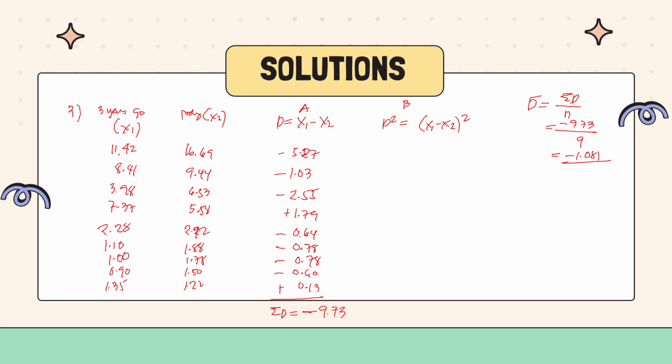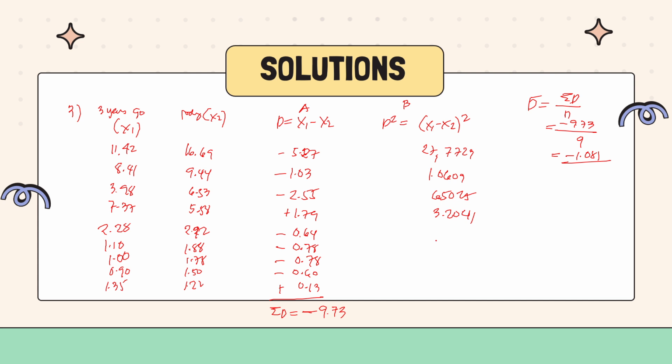Next step is we need to square this one. We square this negative 5.27. The result is 27.7729. Square of 1.03 is 1.0609. 2.55 is 6.5025. Positive 1.79 is 3.2041.